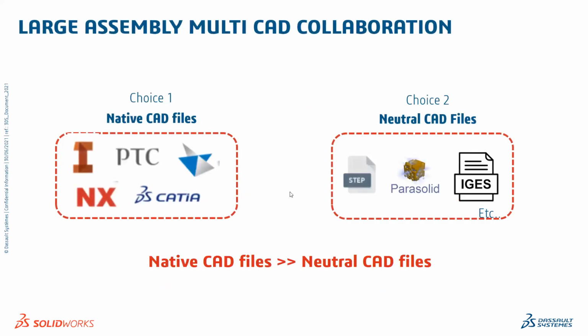So to answer the first question I raised, which one you need to prefer: if possible, always prefer to get native CAD files first, because we have a lot more plus points using native CAD files than neutral CAD files.